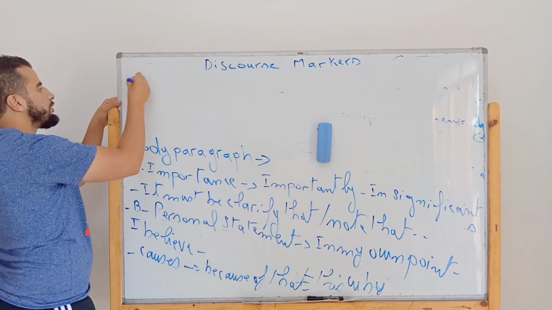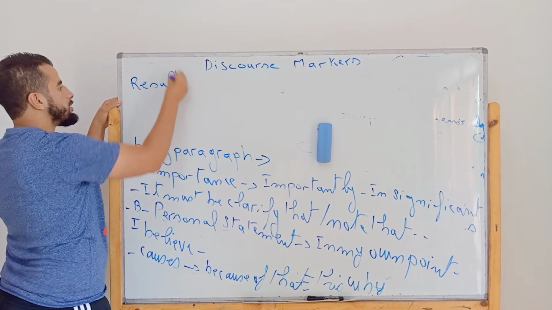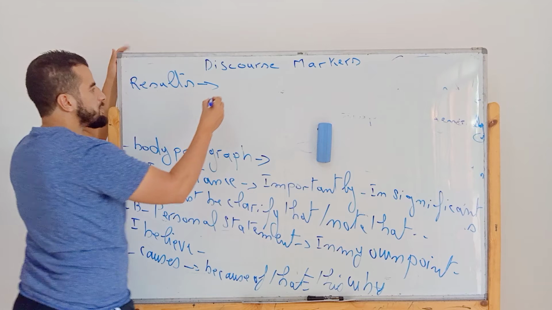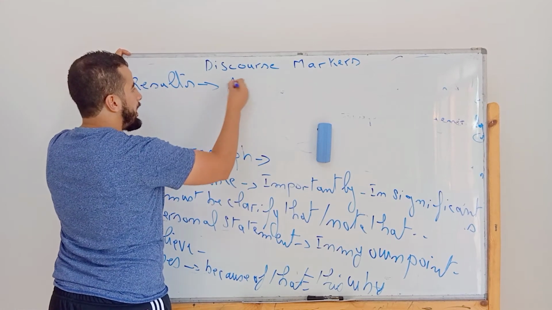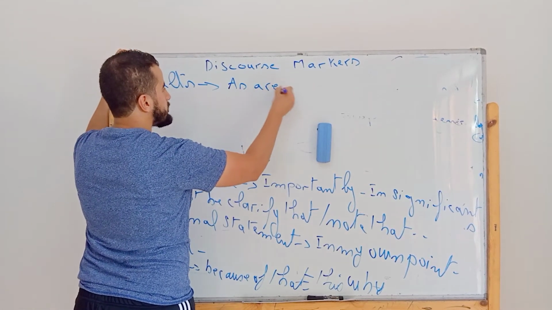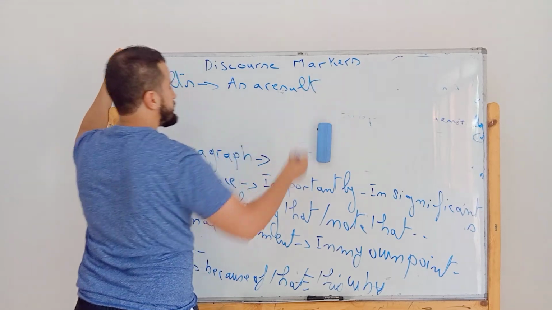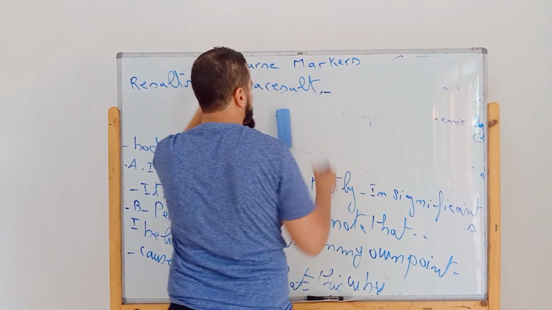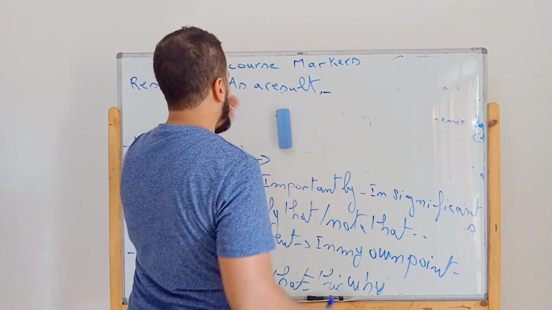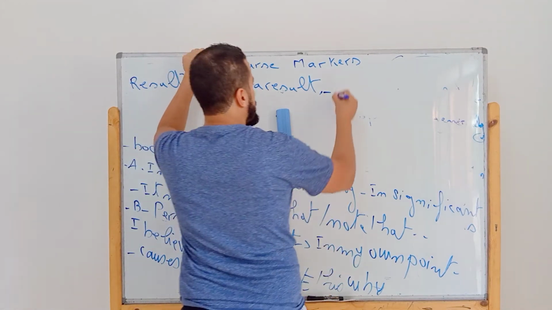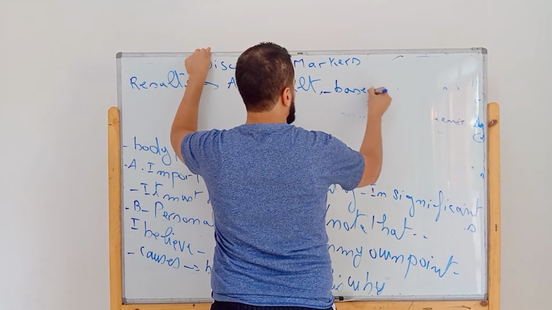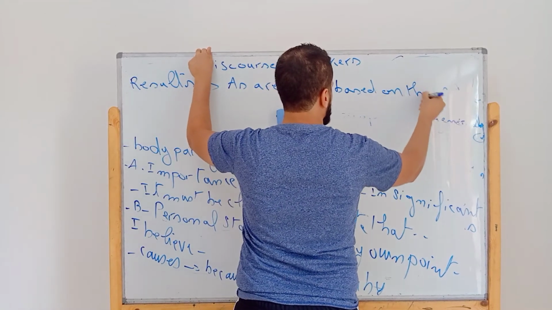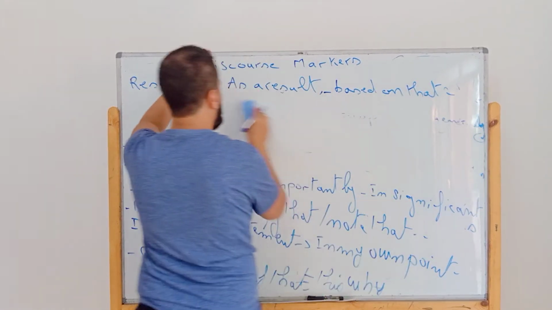We have results. In the result we say, as a result of that, as a result, okay, we can say based on that, we can say therefore.